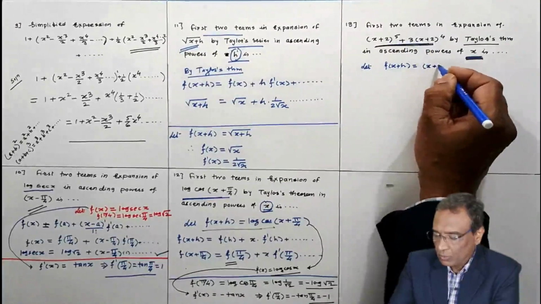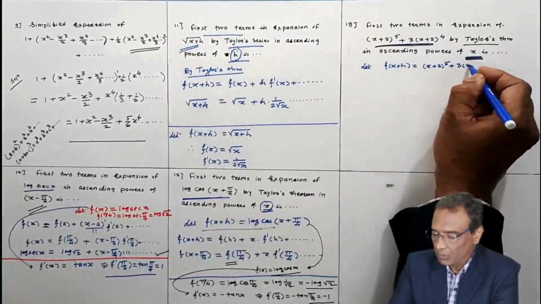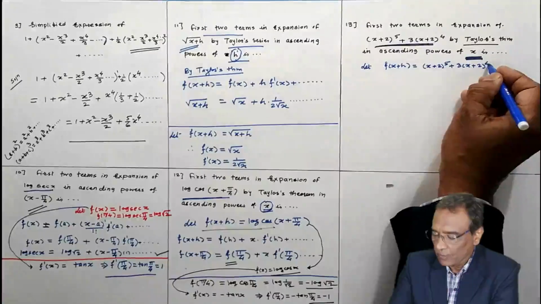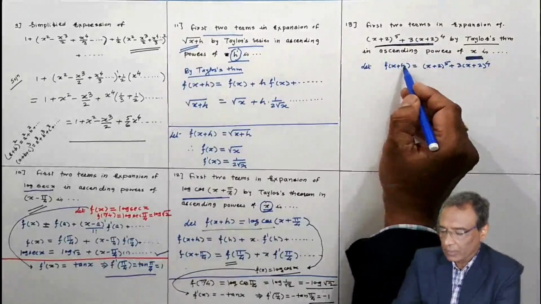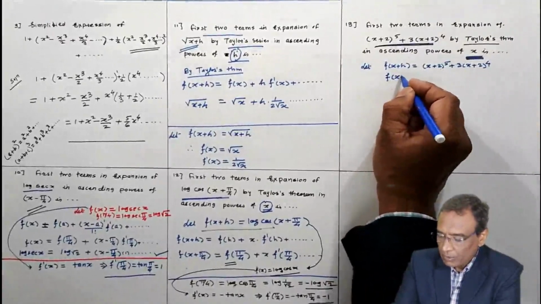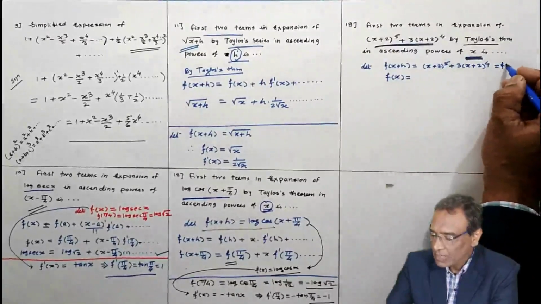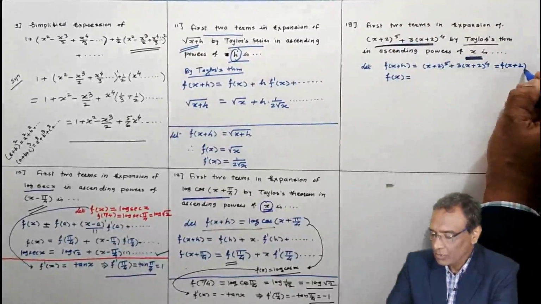This is x plus 2 raised to power 5 plus 3 times x plus 2 raised to power 4. Don't forget that h is 2.